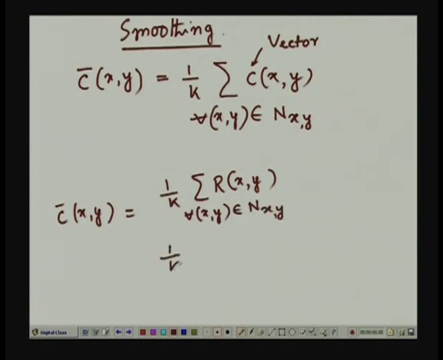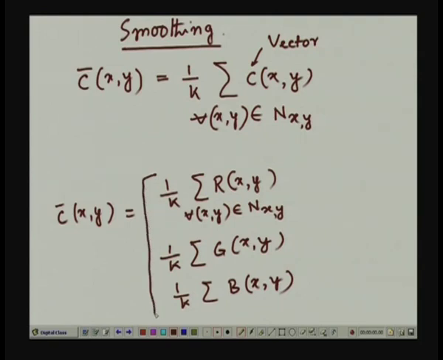Similarly, 1 over k summation of g x y, again for all x y within the neighborhood of n x y, and 1 over k summation of b x y, where again this summation is carried out over the same neighborhood of x y. And the average of these vectors gives us what is called the smoothed image.